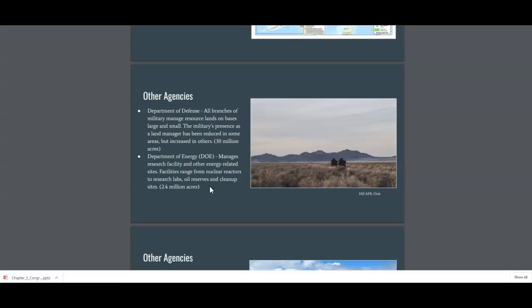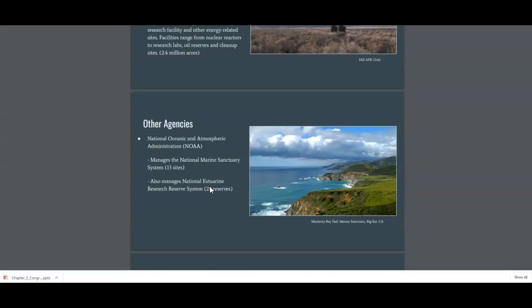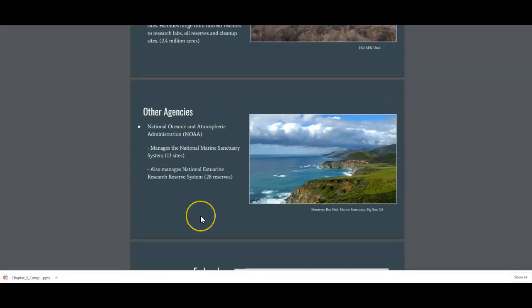We also don't talk too much about the National Oceanic and Atmospheric Administration, but it's important because it manages a lot of marine sanctuaries and coastal reserves and estuary reserves.